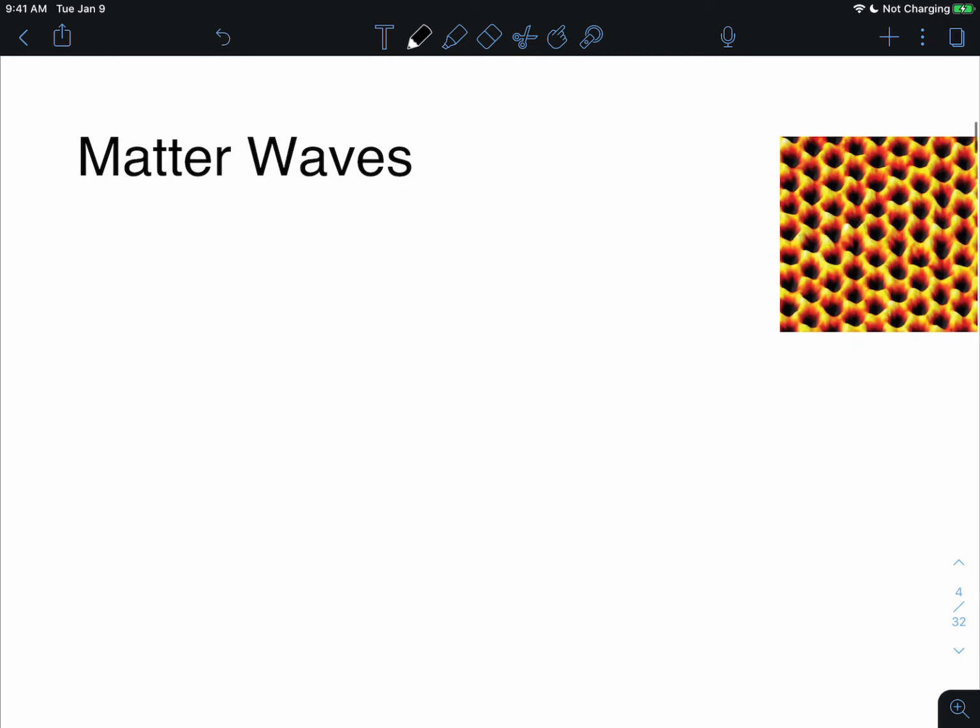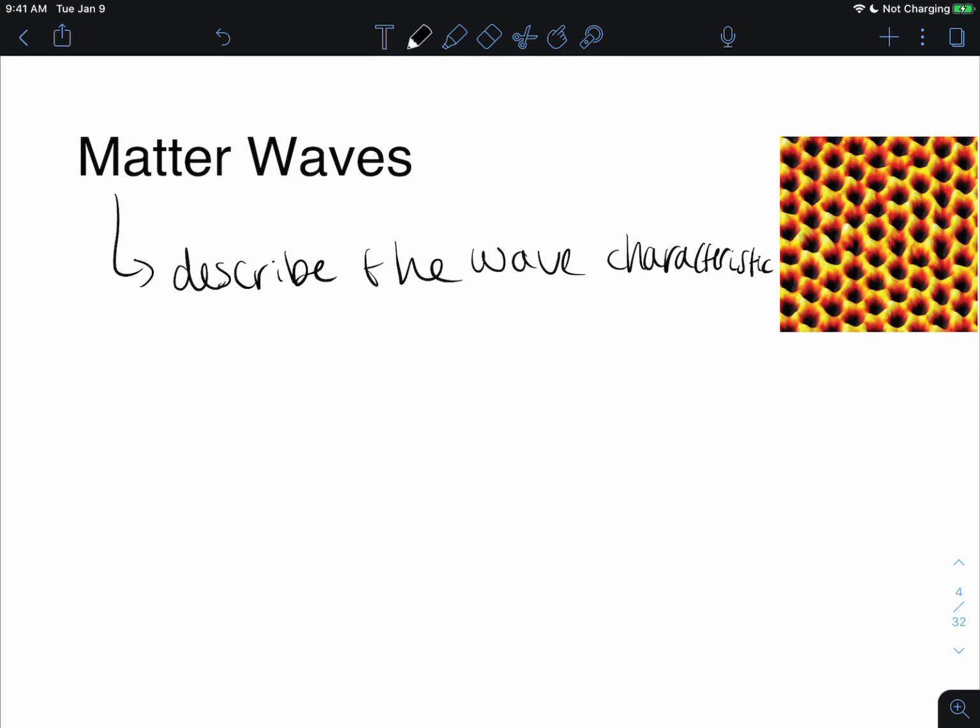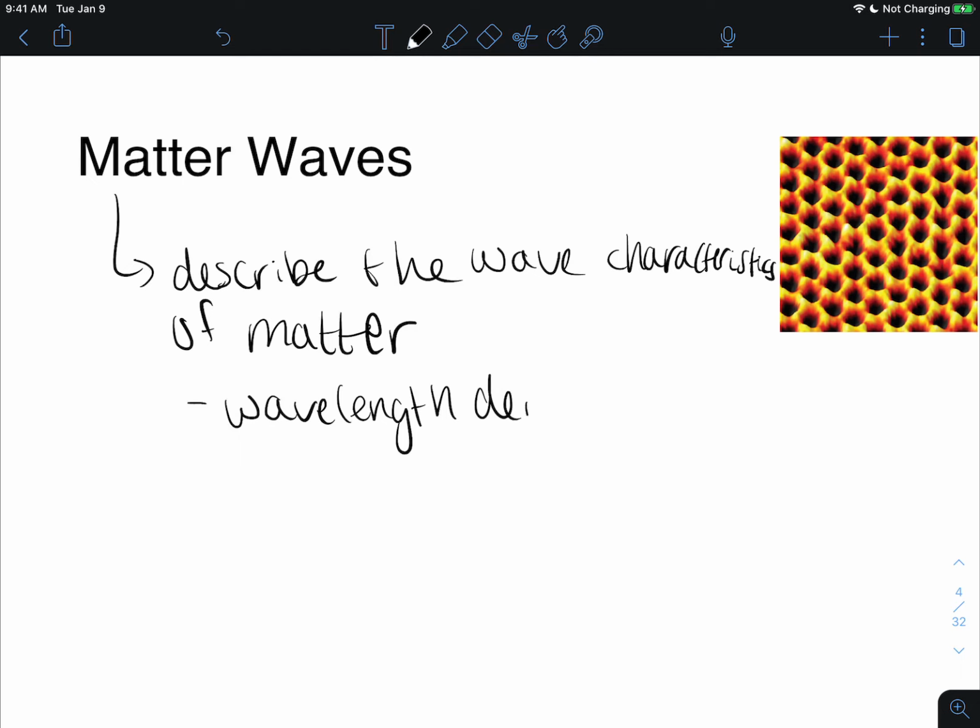Our matter waves are termed matter waves because they describe the wave characteristics of matter. And our wavelength itself is going to depend upon the mass, and this is an inverse relationship.